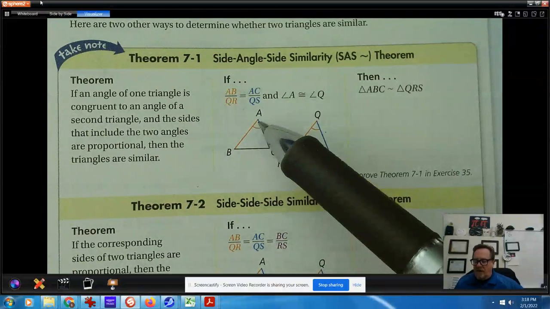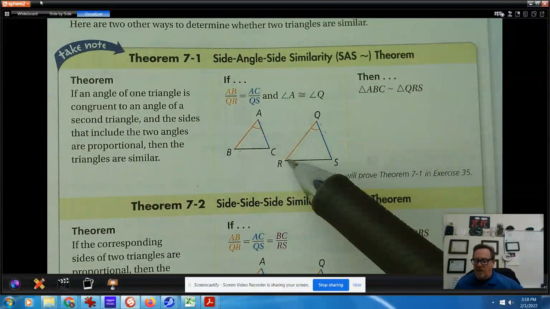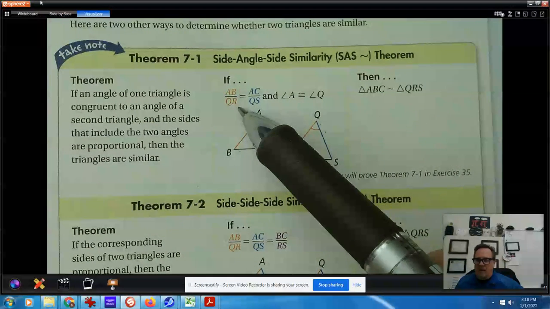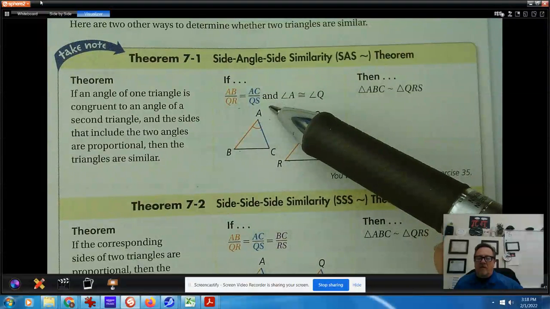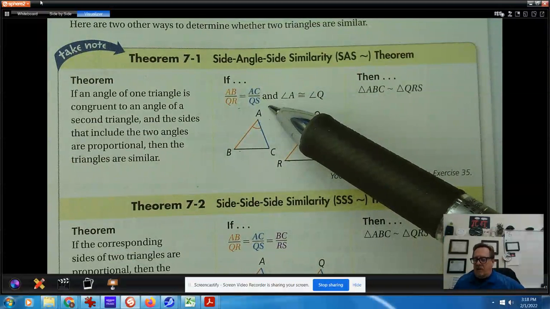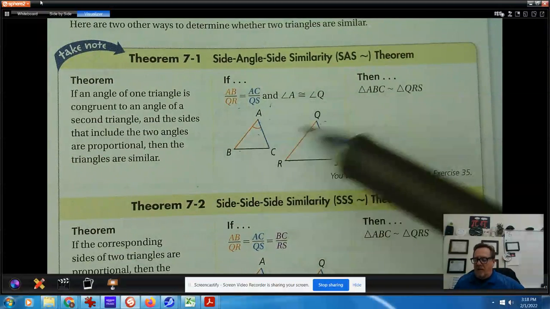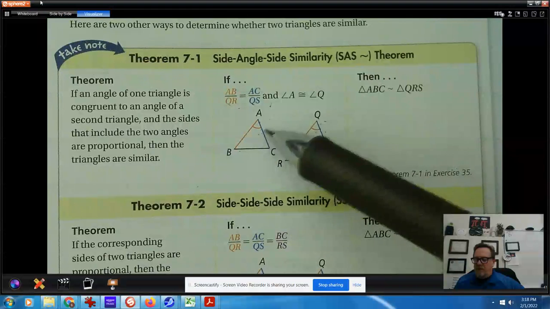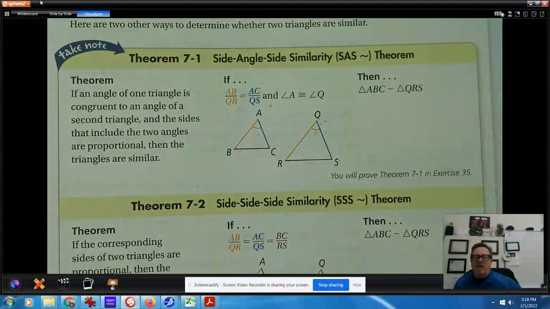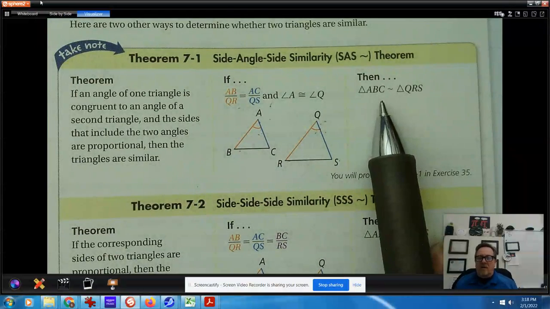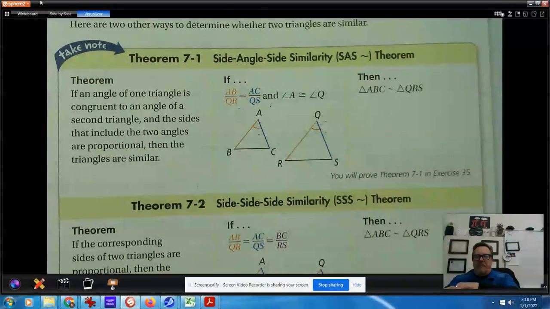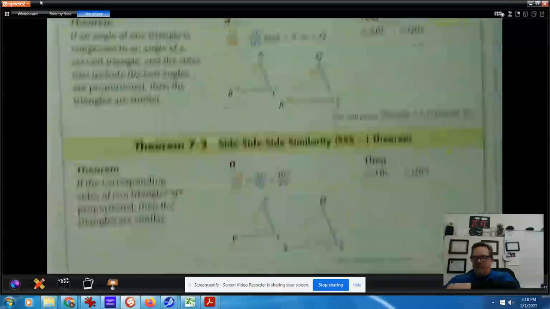Once again, if the ratio of AB over QR is the same ratio as AC over QS, and remember those are fractions, so we can simplify them. But if those are equal to each other, and the included angle between those sides is congruent in the two triangles, then we can say those triangles are similar and make this similarity statement. All right, so we got two: angle, angle, and side, angle, side.